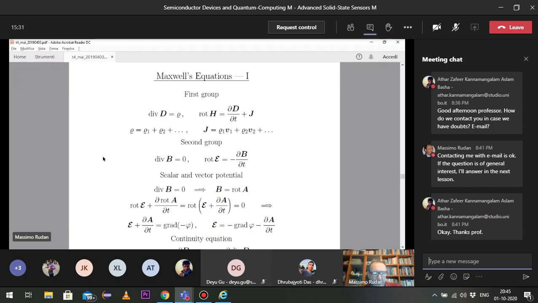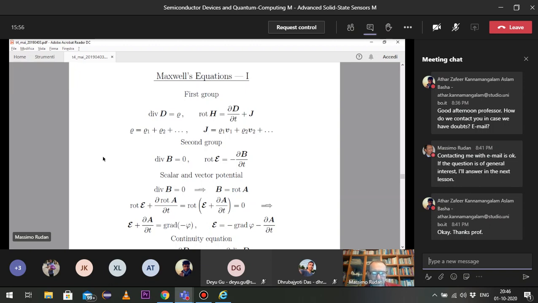That means that it is sufficient to know two vectors. One electric vector, like for instance E, and one of the magnetic vectors, for instance B. So knowing these two vectors provides a complete description of the electromagnetic field.